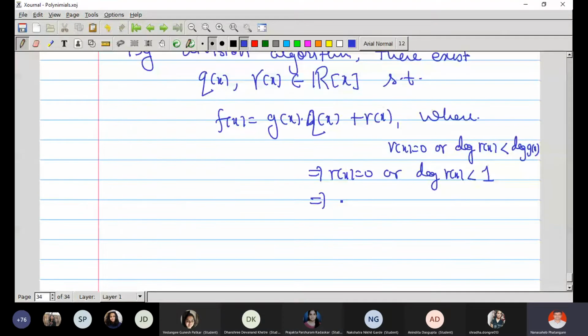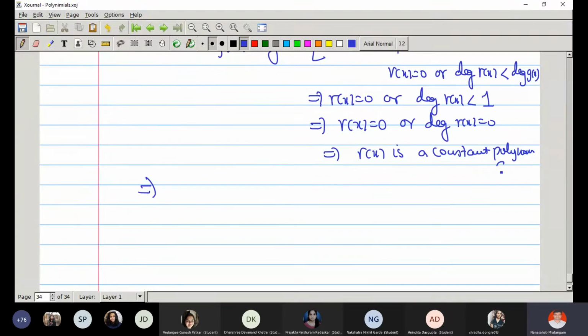It is 0. So r(x) is the 0 polynomial or it is non-zero but degree is 0. That means r(x) is a constant. Right, when we divide f(x) by g(x), then necessarily r(x) is a constant c.